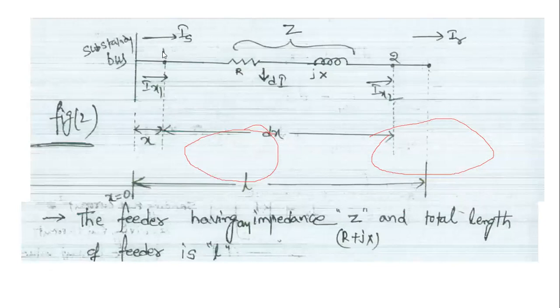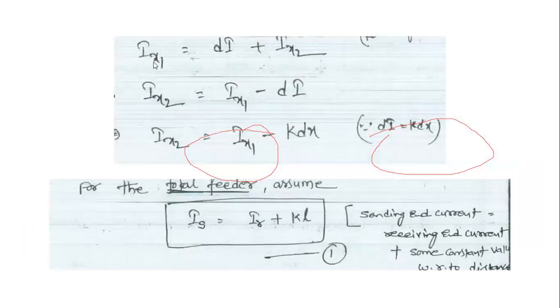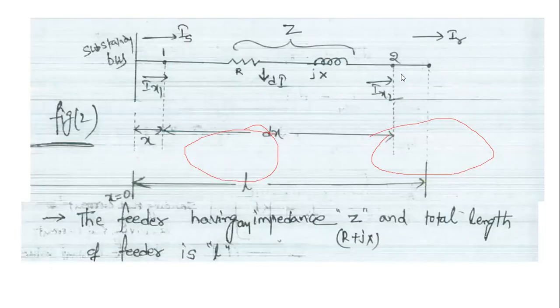The entering current is Ix1, and the leaving currents are Di and Ix2. Therefore, Ix1 is equal to Di plus Ix2. Similarly, Ix2 is equal to Di.